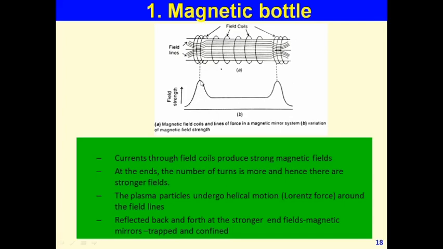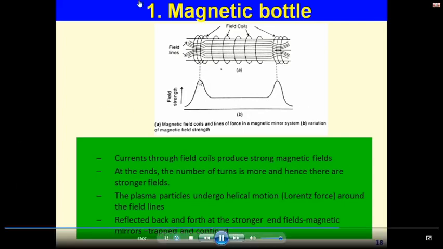So this is the magnetic field curve. At the two ends you have a larger number of coils, so you have a higher magnetic field when current is passed, and in the middle you have a steady, constant magnetic field. This arrangement is called a magnetic bottle, because this high magnetic field is a hindrance to plasma motion.